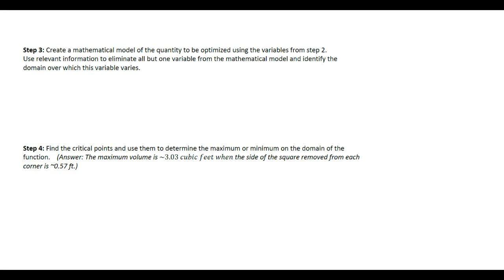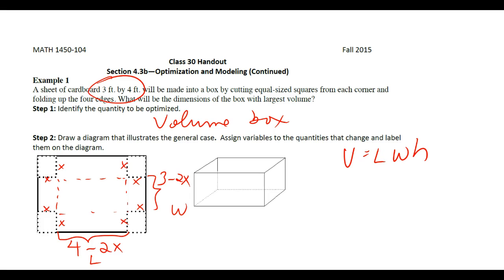So let's move on. It says create a mathematical model of the quantity to be optimized. Well, we want the largest volume. So the volume, this is what's to be optimized, right? But if we look at our picture, I'm going to back up.